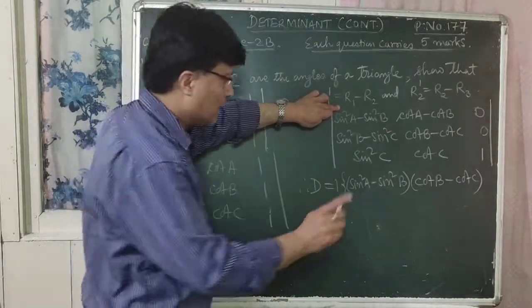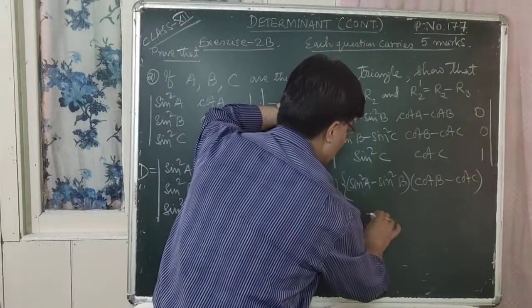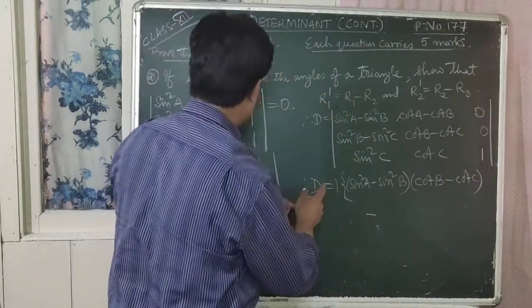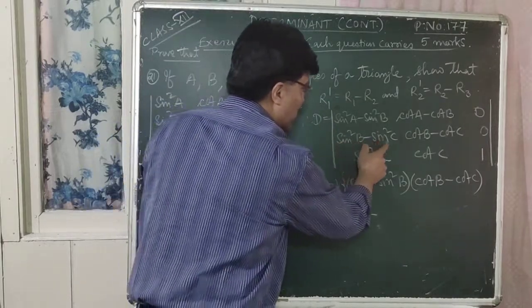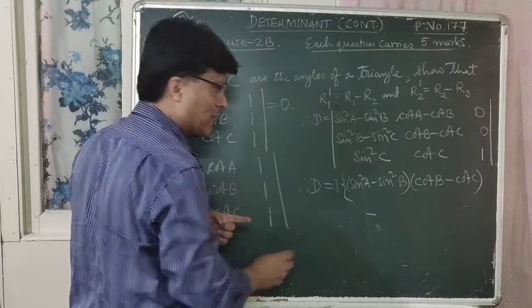Then, minus. Then you have to cross multiply sin square B minus sin square C by cot A minus cot B, right?